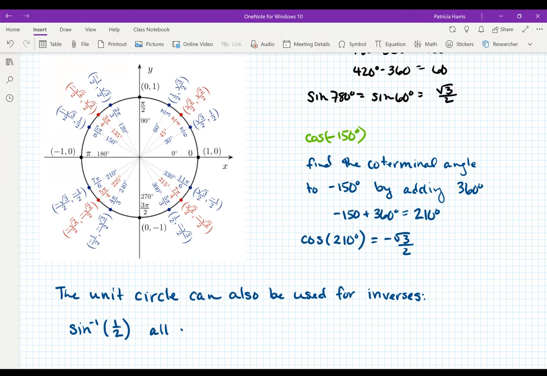So if I wanted to find sine inverse of positive 1/2, okay, so that actually happens, and we'll just say all values from 0 degrees to 360 degrees to make it a little easier. Okay, so if I looked at that and I wanted to look where sine gave me a 1/2, I would say, oh, well, that happens at 30 degrees, and that also happens at 150 degrees.